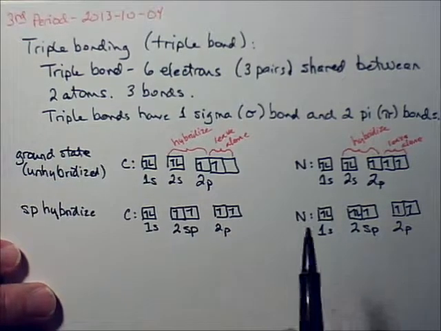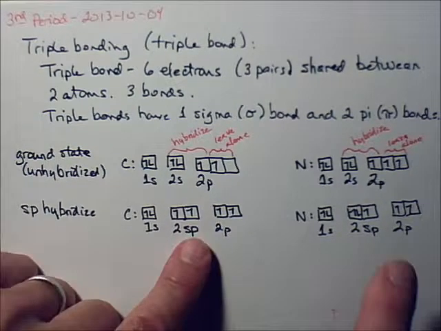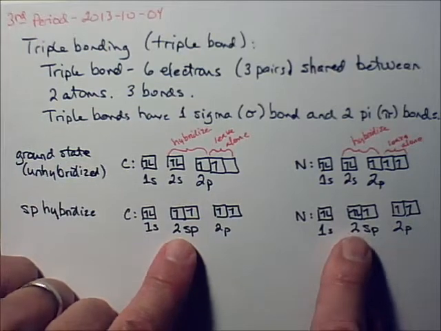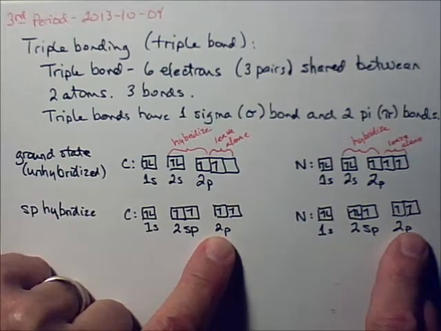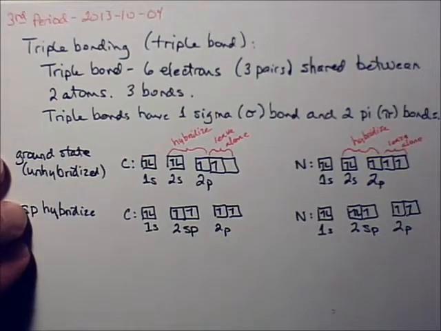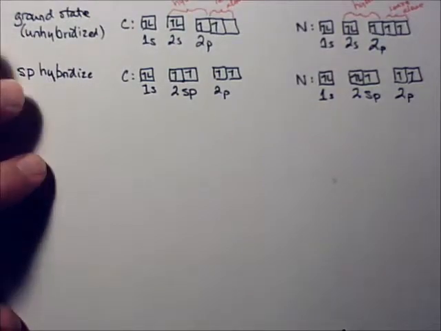So what we have now is a hybridization state in which we have two hybridized orbitals. Those are single balloon shapes. And we have two p orbitals unhybridized, and those are double balloon shapes.